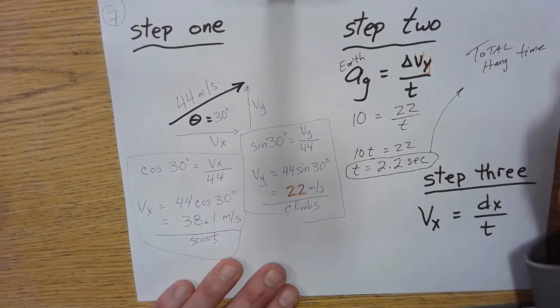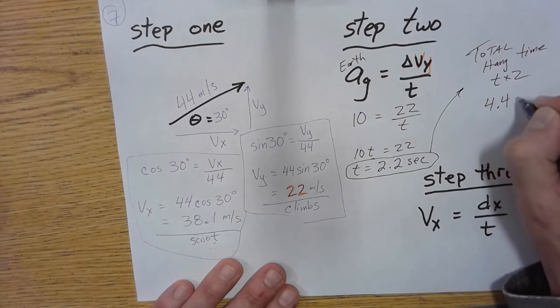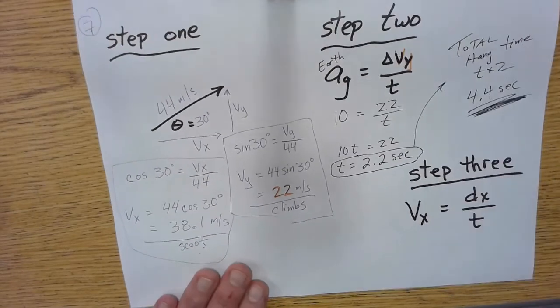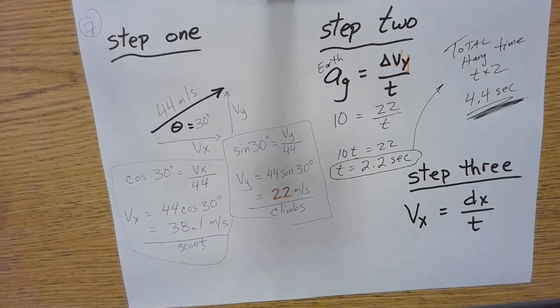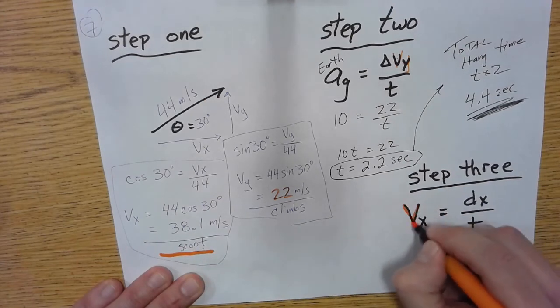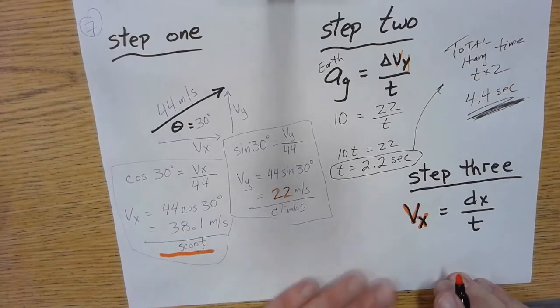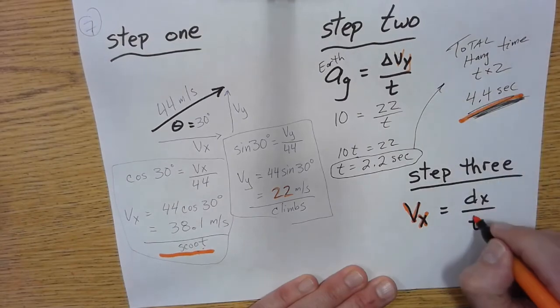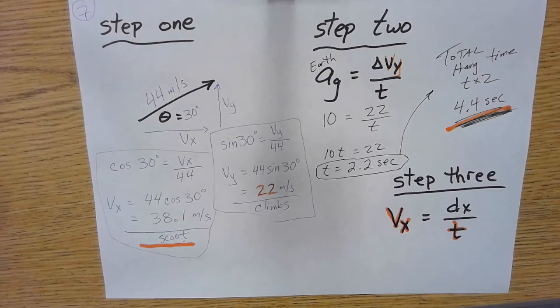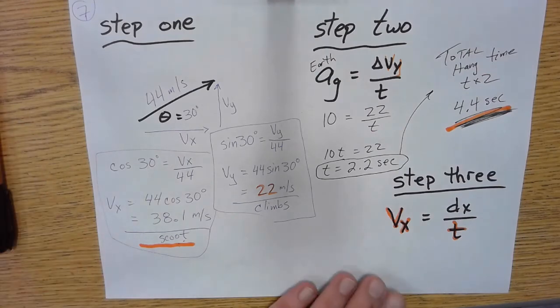So total time, since it's symmetrical, total time up and down. It's pretty easy. Okay, so then what's next? We got this scooting speed, that's our Vx. We got our time, that's our t. And we're going to solve for d, how far? Yeah, so we can do that.